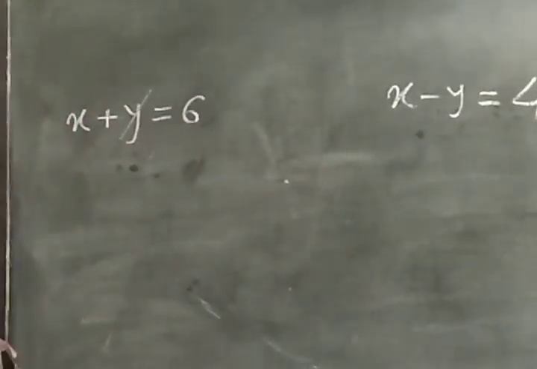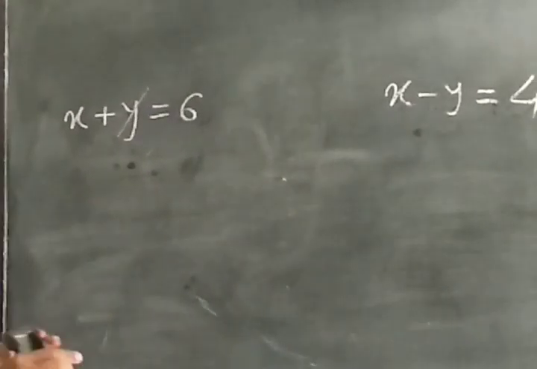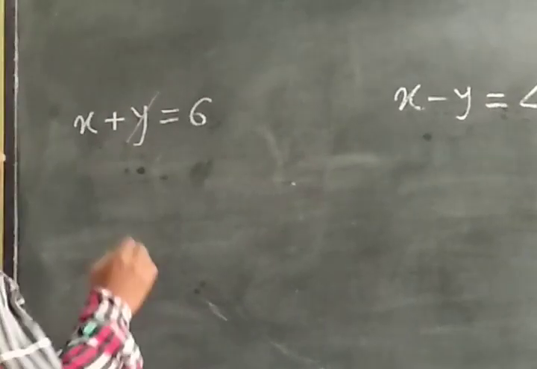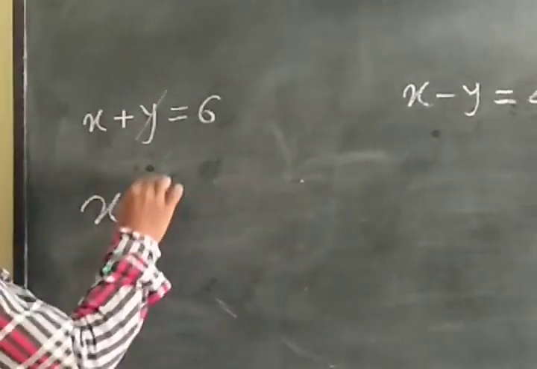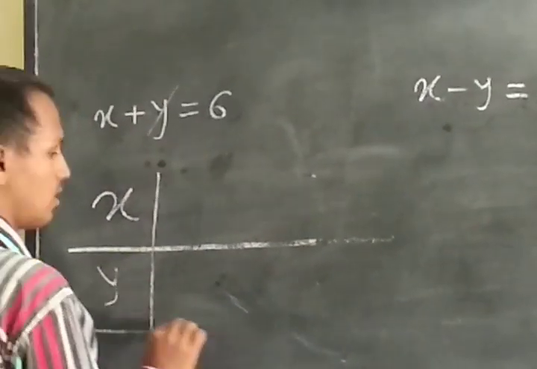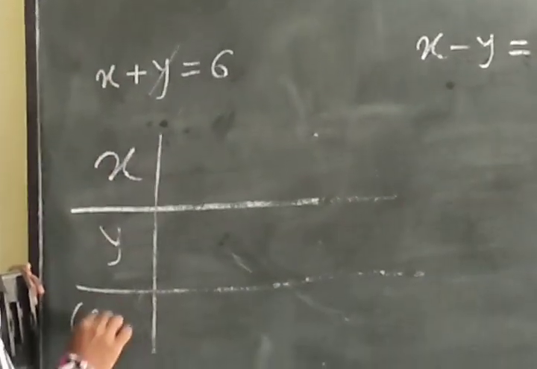Look here. I will take 4 values of x. For that we have to make a chart: x, y and xy.